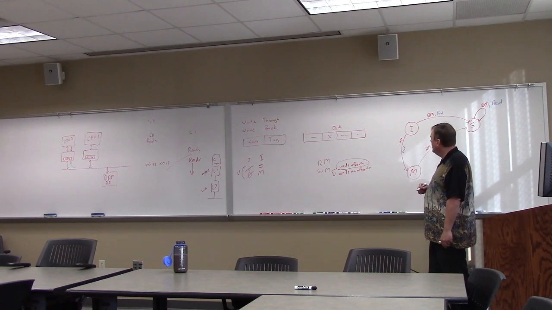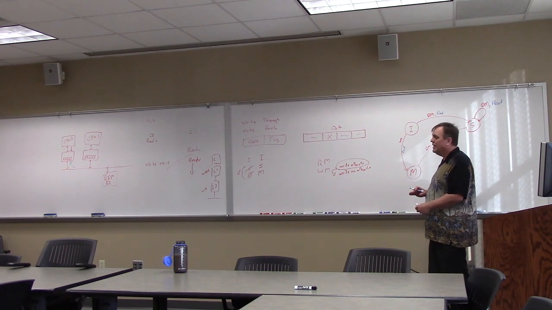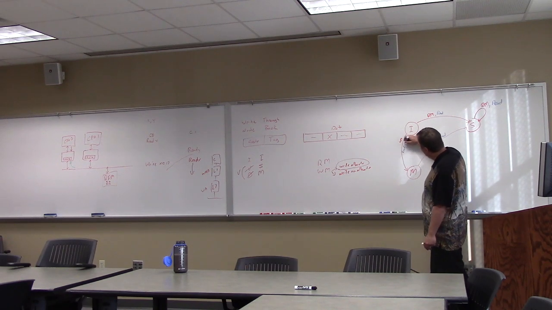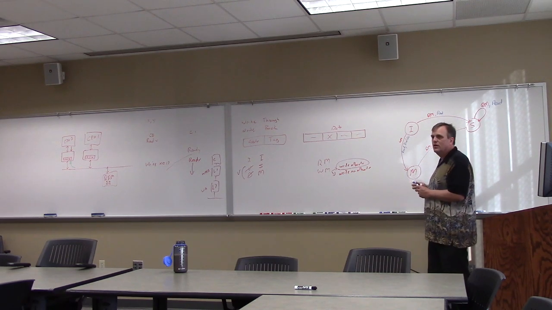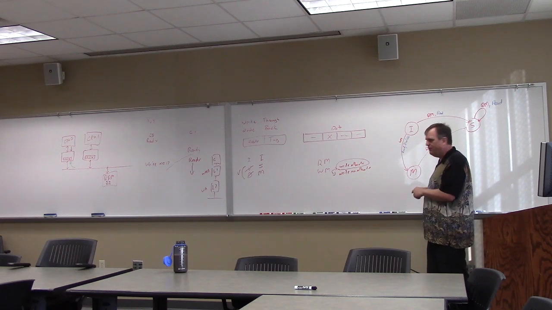In addition to the read, I need to tell all the other cache locations, if you have a value, you better dump it. So we send out a message we call invalidate. I'm going to send a read message and an invalidate message.